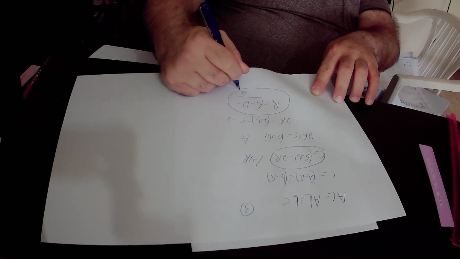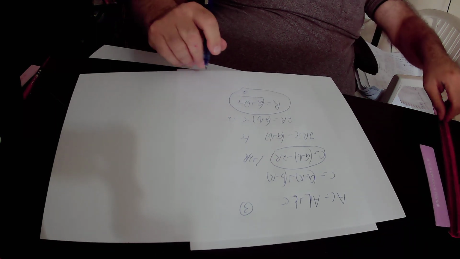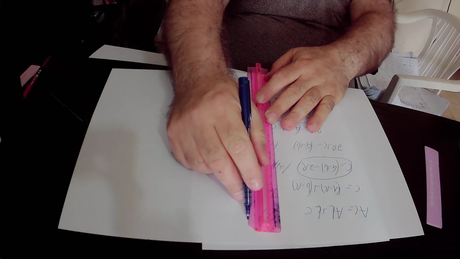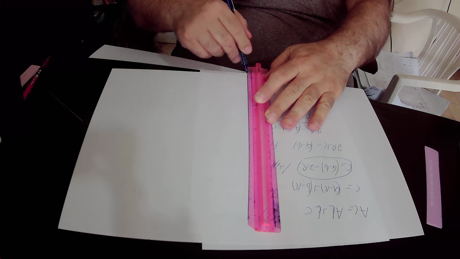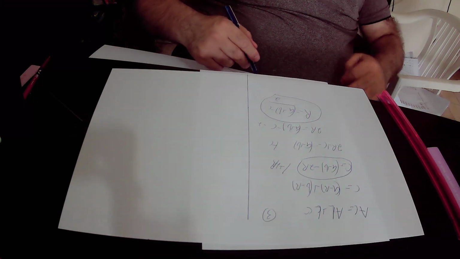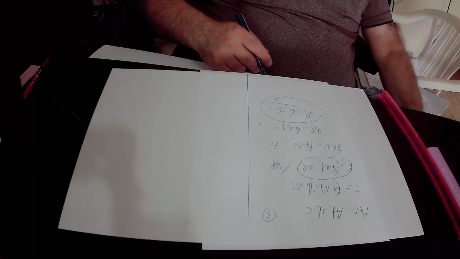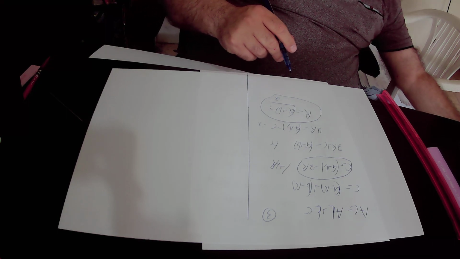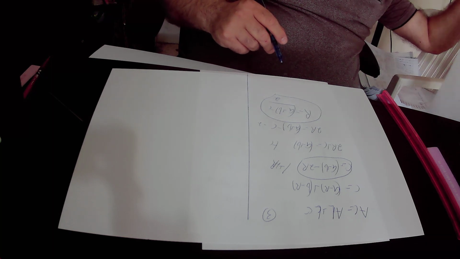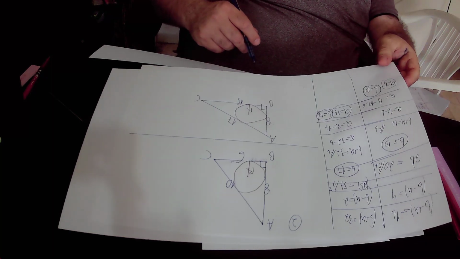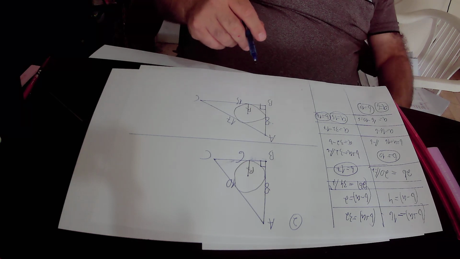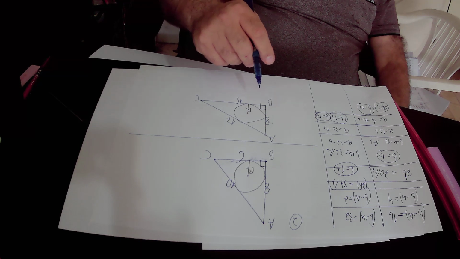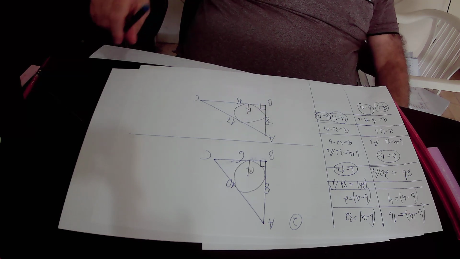So now we found a general formula to find the radius of a circle that is inscribed in any right triangle. Any right triangle includes also our two right triangles. So we use this formula in order to find the radii of the two circles that are inscribed in those two right triangles.